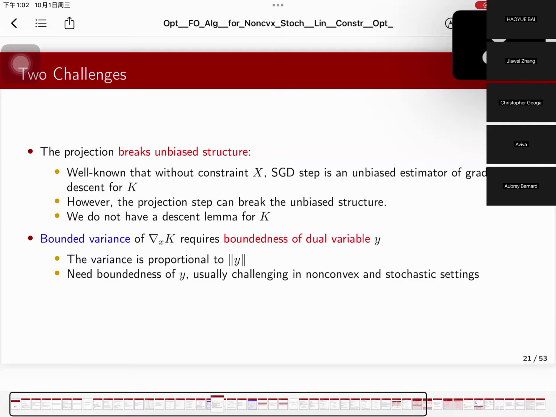But the variance for the augmented Lagrangian function also depends on the dual variable. So we need to make sure the dual variable is bounded. Otherwise, the variance can be unbounded. In the deterministic case, we don't have this kind of issue, but for stochastic problems, we have this issue. We need to carefully guarantee this dual variable is bounded.